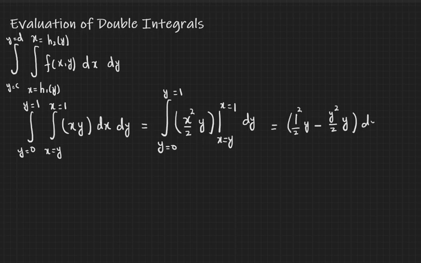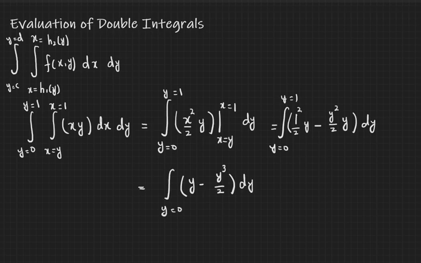Then integration with respect to y, where the limits of integration are y is equals to 0 to y is equals to 1. Simplifying this, that would be equals to y over 2 minus y cubed divided by 2. Now we want to integrate it with respect to y, with the limits of integration y is equals to 0 to y is equals to 1.